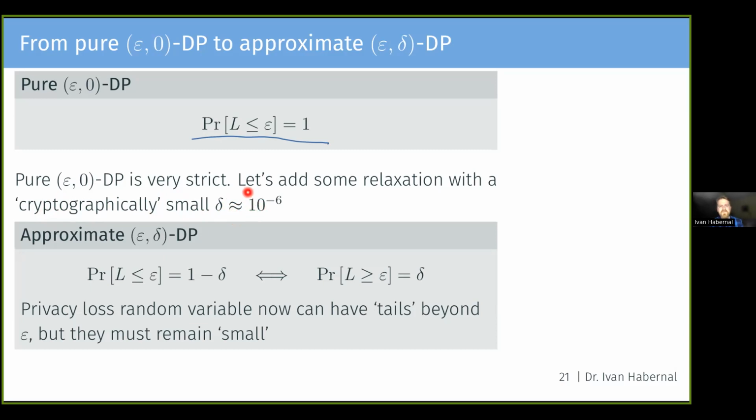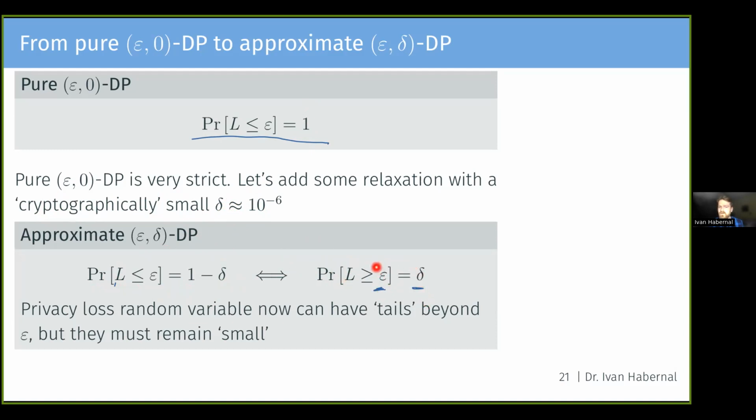And here we're leaving the strictness of always and saying, well, the privacy loss random variable is bounded from above by epsilon, but with like 99-something percent. Or if we just rewrite it, the probability of exceeding the privacy budget is at most delta.